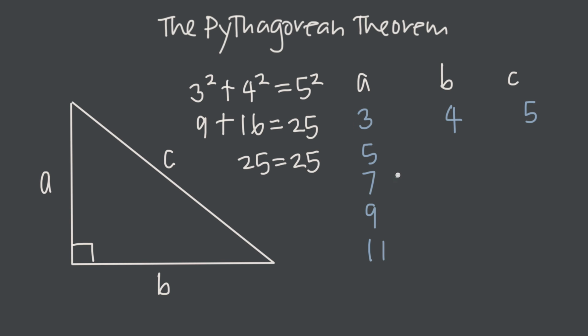There is one possible Pythagorean triple for every odd value of A. Here's how you find the specific Pythagorean triple for every odd number A. B is always going to be A squared minus 1, all divided by 2. And C, the hypotenuse, is always going to be B plus 1.